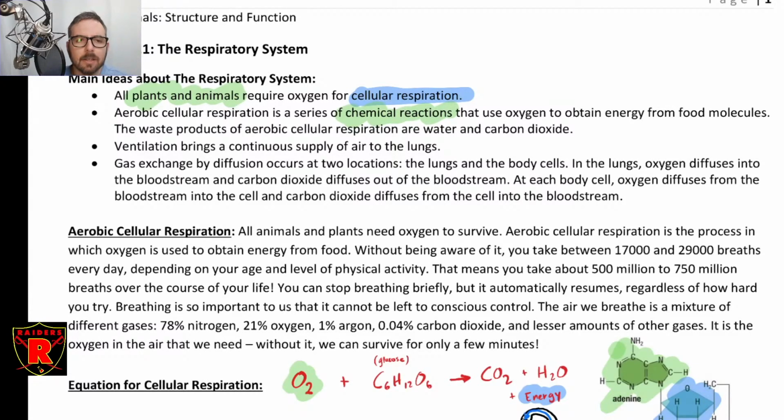Okay, cellular respiration. You may remember from the diversity unit that most organisms do some form of cellular respiration, and most of them require oxygen. Now, that's not to say all. We did talk about some anaerobes, some obligate and some facultative anaerobes that are bacteria that don't need oxygen for their metabolism.